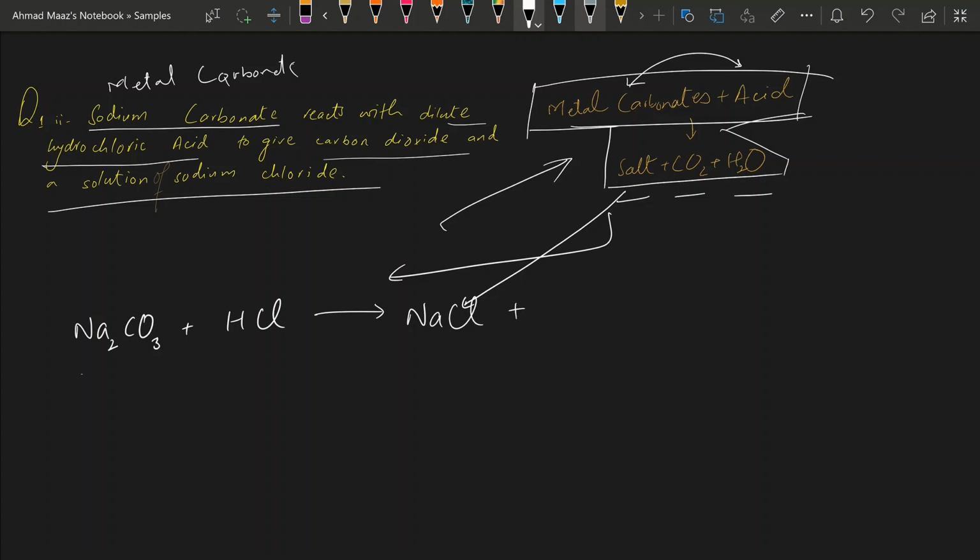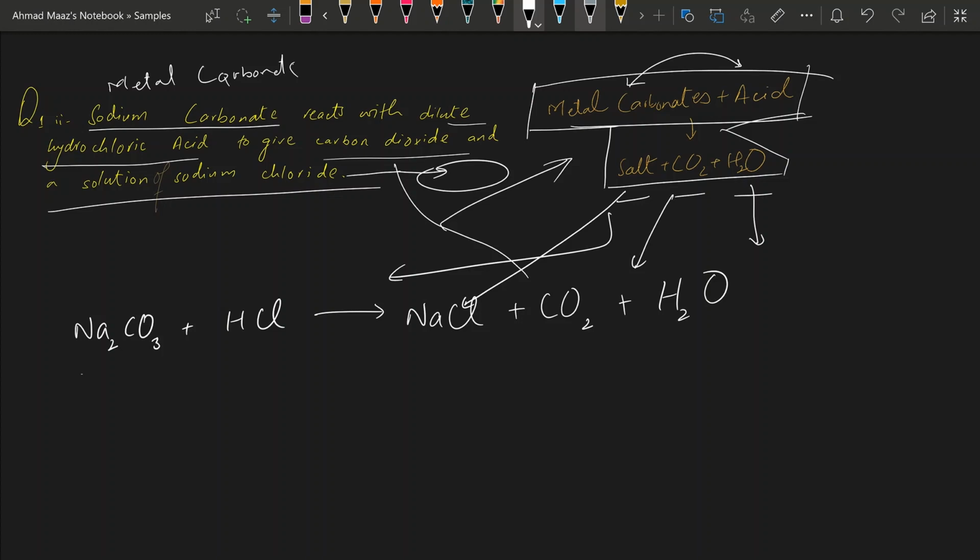Sodium carbonate and HCl react to give sodium chloride and carbon dioxide, and water is not mentioned over here in the question. But you must know that when a metal carbonate and acid react, water is produced.